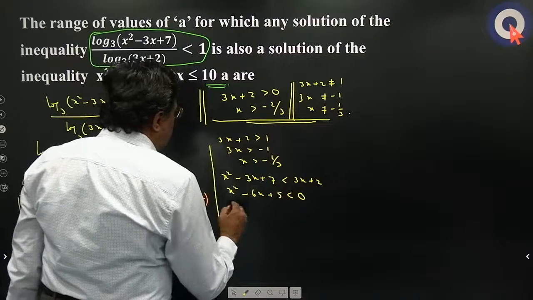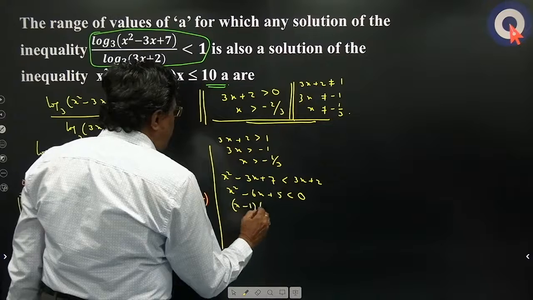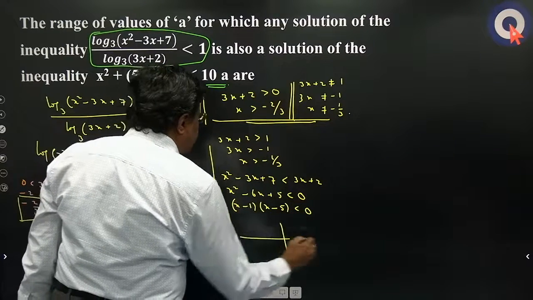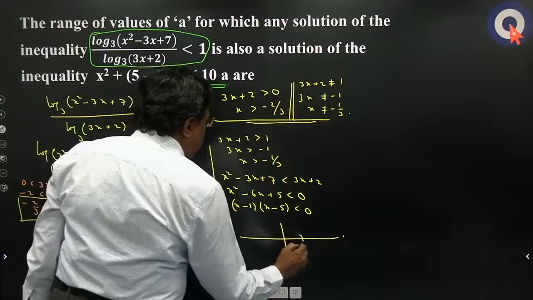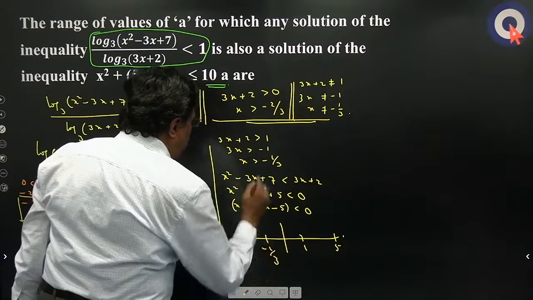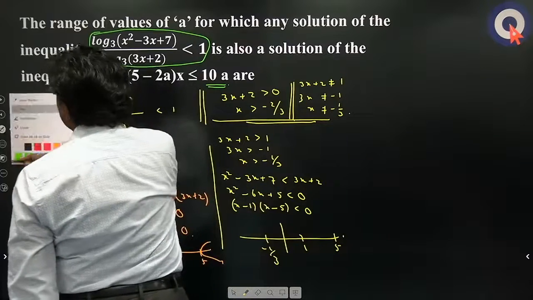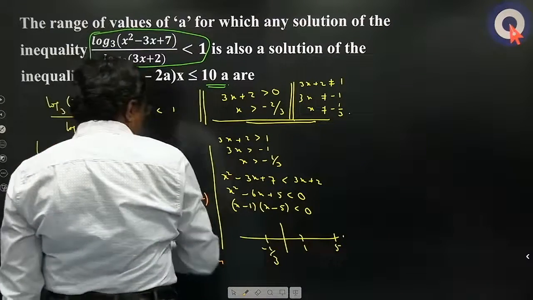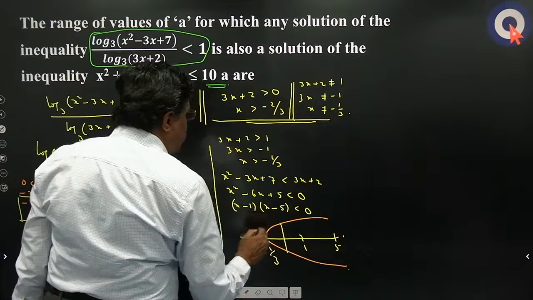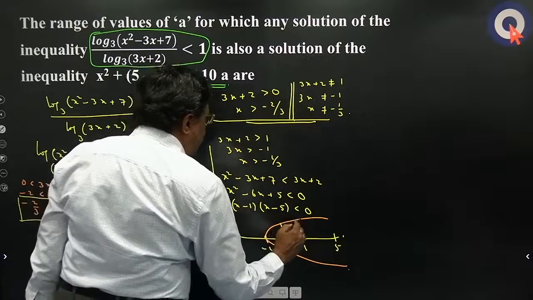So I get (x − 1)(x − 5) less than 0. That means our condition is that x is greater than −1/3, and here you are saying that it should lie between 1 and 5.